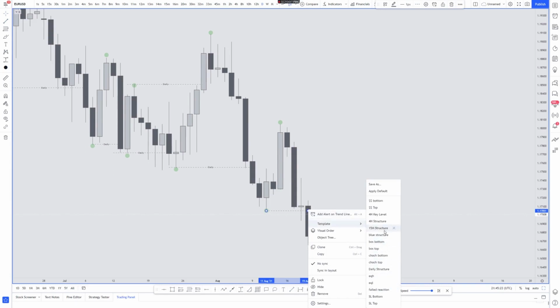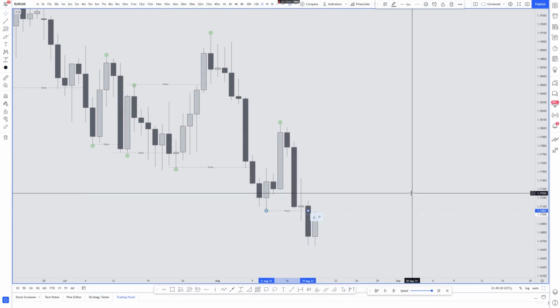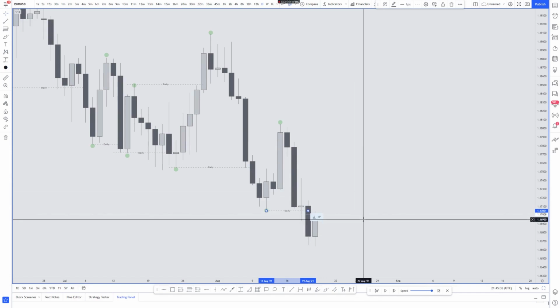Now if you find there's too many structure points or they're too tight, again, it won't be a problem on daily, but on the 15-minute side of things and the 4-hour side of things, you may choose to go with the higher pips for pullbacks. For example, if for 4-hour pullbacks I'm telling you there's 40 or 50 pip pullbacks required, you may choose to go with the higher number.